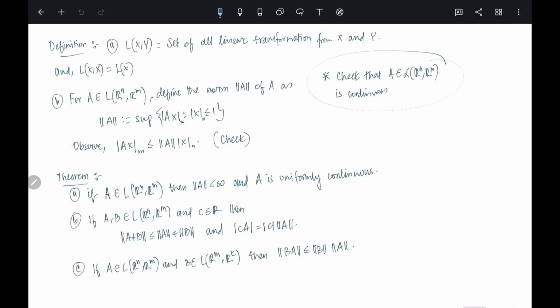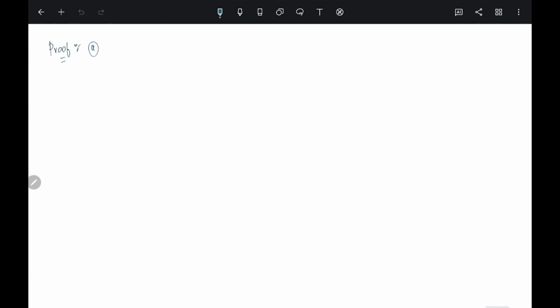Proof. The first thing is this: you have to show that the norm of A is finite and A is uniformly continuous. That is what we need to show. We are going to start with the standard basis of Rn. Let e1, e2, ..., en be the standard basis of Rn.